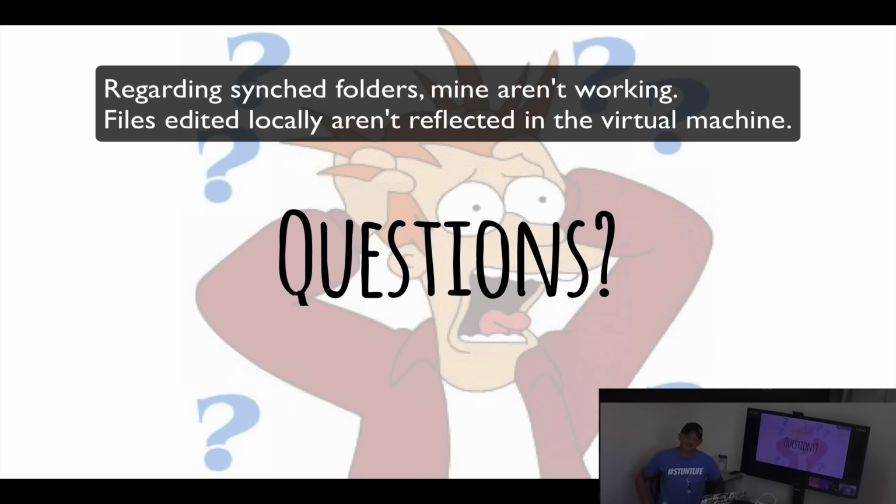Yeah, it could be configuration. Did you get any errors when you brought your Vagrant image up? No. Are you able to see the Vagrantfile from within your Vagrant image? Yes. So everything's working on startup, it's just the sync after that isn't working. I don't know. I can take a look at it with you after this.